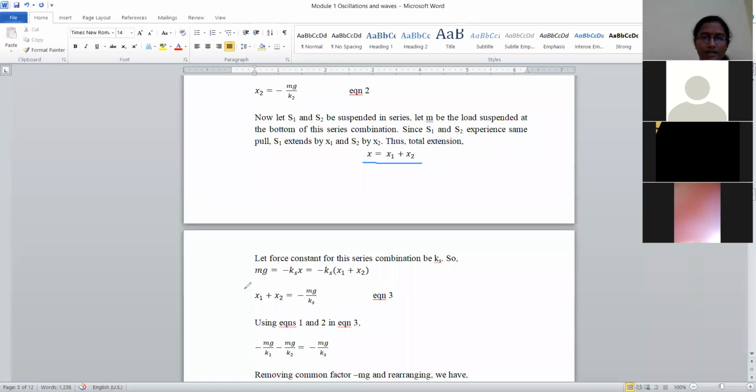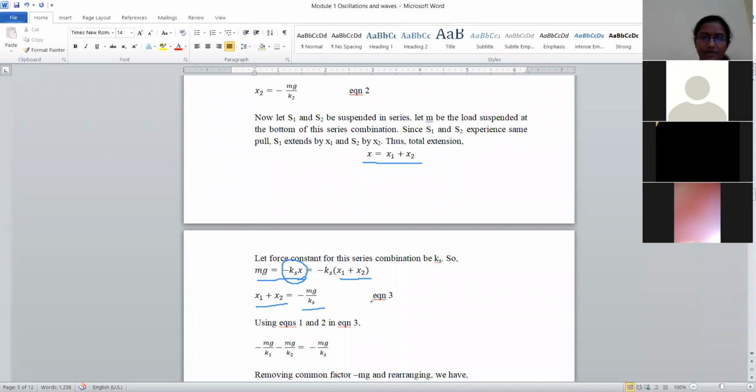So now the force constant for this series combination, what do we write? The force constant is Ks for the series combination, and the equation will become mg is equal to minus Ks into X. And what is this X equal to? X1 plus X2. So now rearranging, X1 plus X2 is equal to minus mg by Ks.